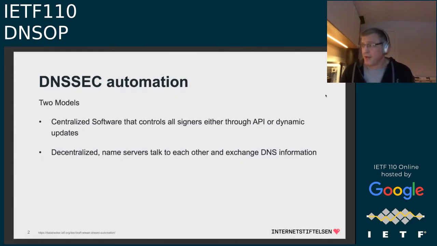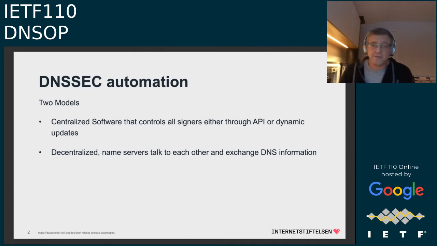Yes. So how would you run this? Well, in the multi-signer DNSSEC models that Schumann described, there's a description of an API. With that, you would have a centralized version of the multi-signer controller. You would control the whole multi-signer setup from centralized software, and it would communicate with all the signers involved through an API.